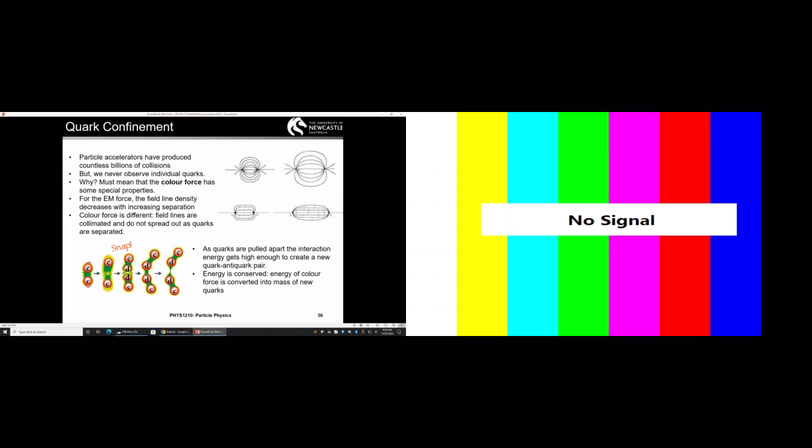In this case, they're pulled apart from one another. We pull them further and further apart to try and be able to see them as individual things. But by the time we put in so much energy, there's so much energy sitting there that we can create some other pair of quarks in the middle.